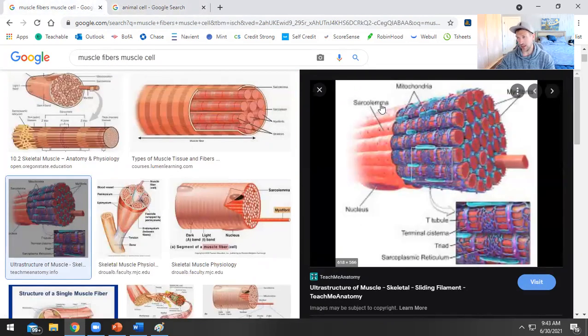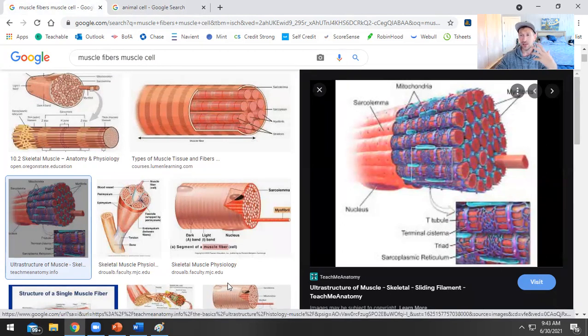We call it the sarcoplasmic reticulum because the prefix sarco means flesh in Latin, I think. And anytime you see the word myo, it means muscle. Anytime you hear the word sarco, it means flesh. So a lot of our anatomy is going to have the prefix myo or sarco whenever we are talking about muscles, okay?